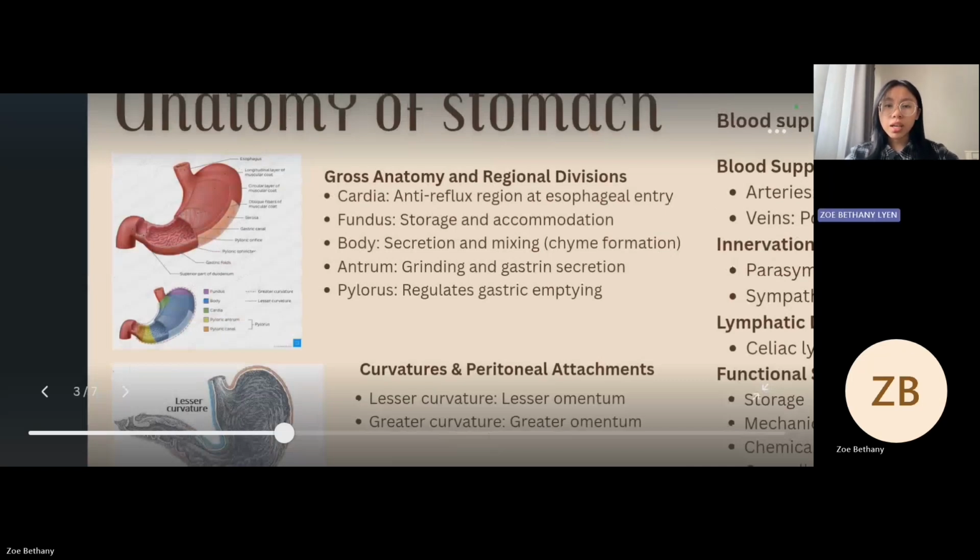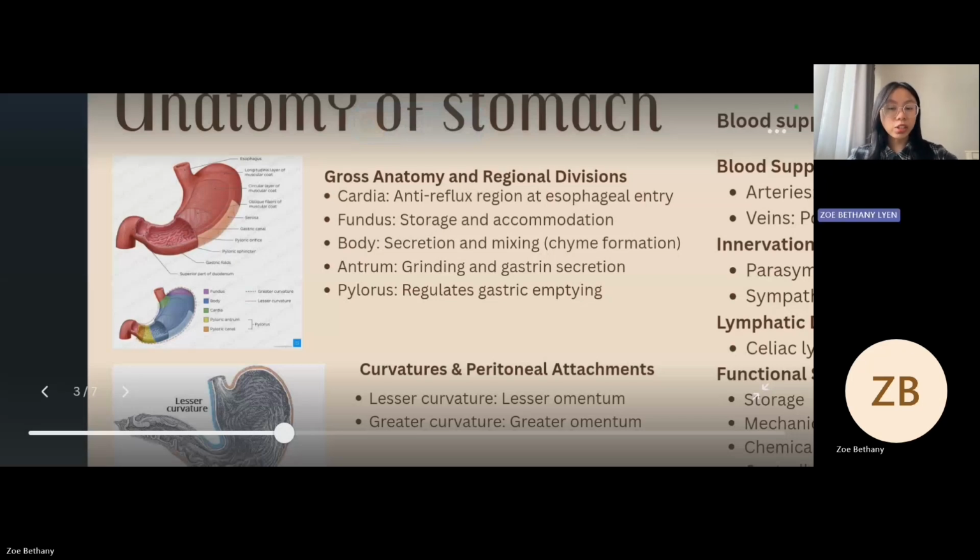Moving on is the body. The body of the stomach is the largest region and is the primary site of acid and enzyme secretion. It plays a key role in mixing food with gastric juice to form chyme. Distally, the stomach narrows into the antrum, which has a very thick muscular wall. The antrum is very important for mechanical digestion and also produces gastrin, a hormone that stimulates acid secretion and gastric motility.